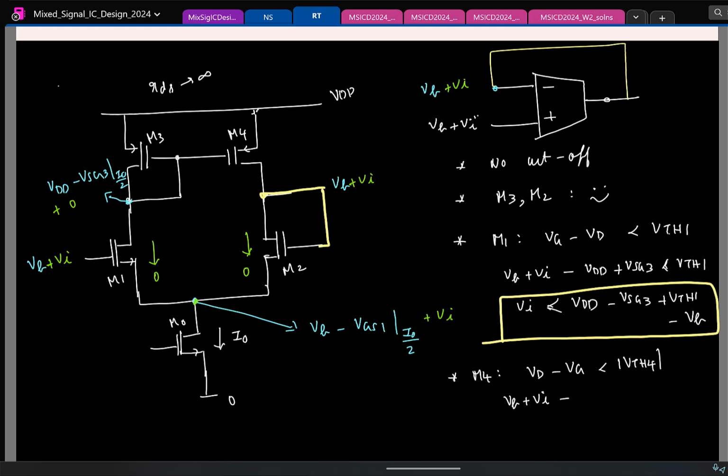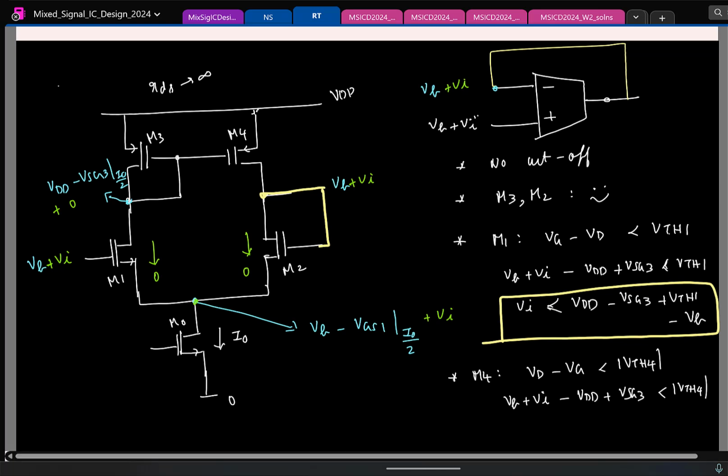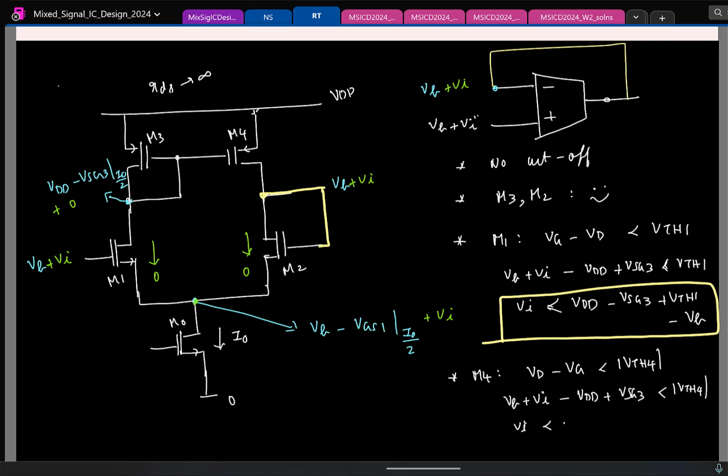Gate voltage is whatever that is, VDD minus VSG3. This should be less than mod VTH4. So you work out what is the limit from this. So VI should be smaller than, you will get the same thing, VDD minus VSG3 plus VTH4 minus VB. In just plain algebra, I don't have to worry about it. This is the result.